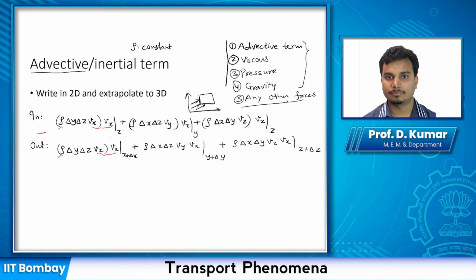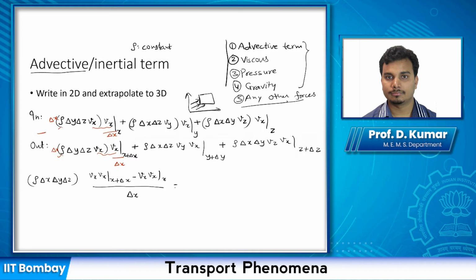So if you subtract and divide by delta x, multiplying the whole thing by delta x as well, you can see that the first term will be rho delta x delta y delta z, and then vx at x plus delta x minus vx at x, and then you have this delta x in division.